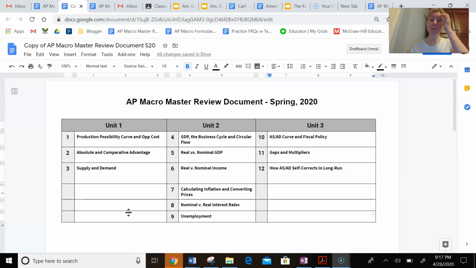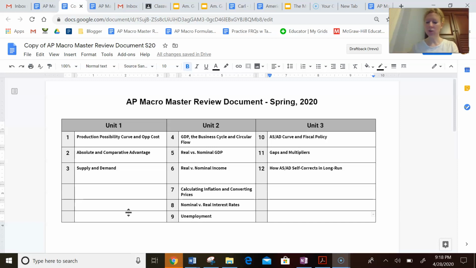So you want to explain about tastes and preferences and how that would increase the demand. And when there's a shift to the right, that means more people are willing and able to buy this product at a higher price, and therefore you would have an increase in the price and quantity. So you just want to be able to explain the details instead of just showing it.